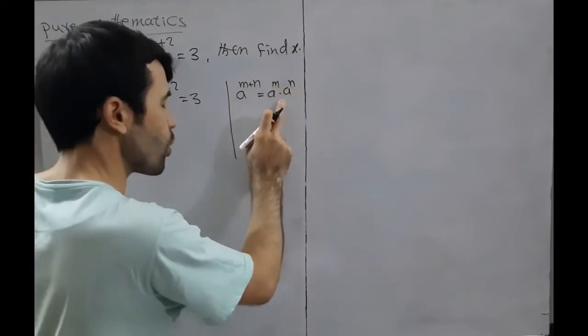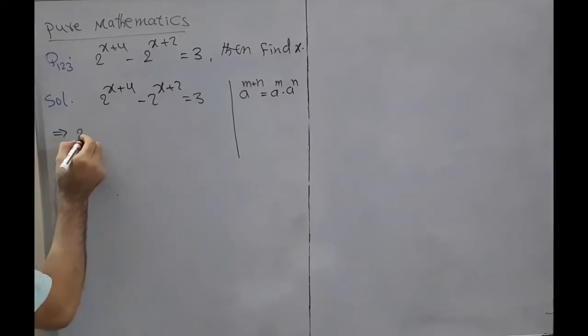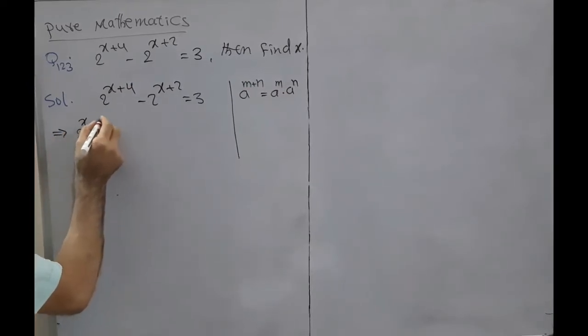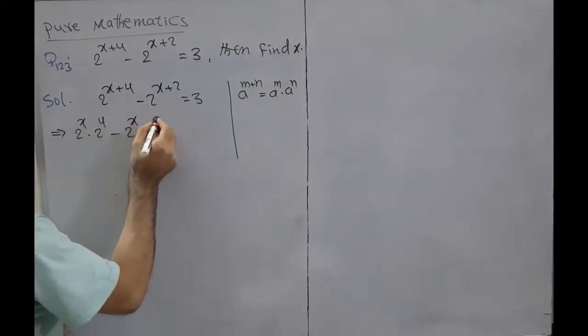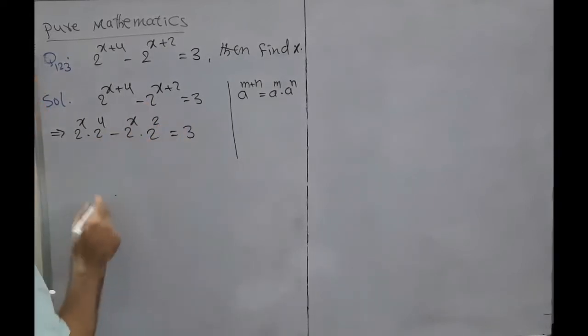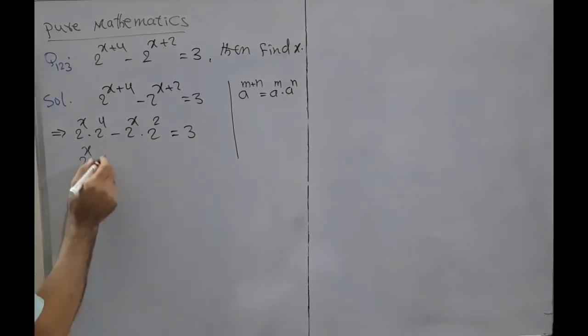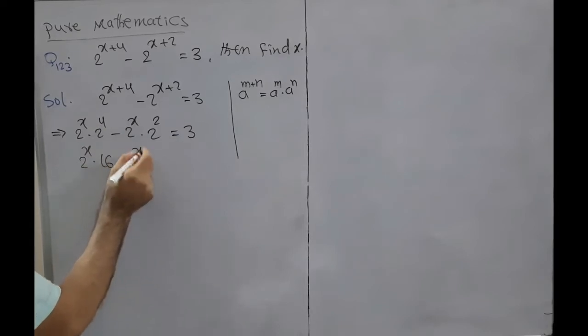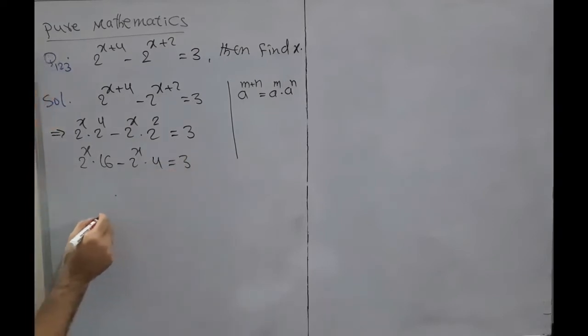Using this formula we get 2 to the power x into 2 to the power 4 minus 2 to the power x into 2 to the power 2 is equal to 3. We can write 2 to the power x into 2 to the power 4, which is 16, minus 2 to the power x into 2 to the power 2, which is 4, is equal to 3.